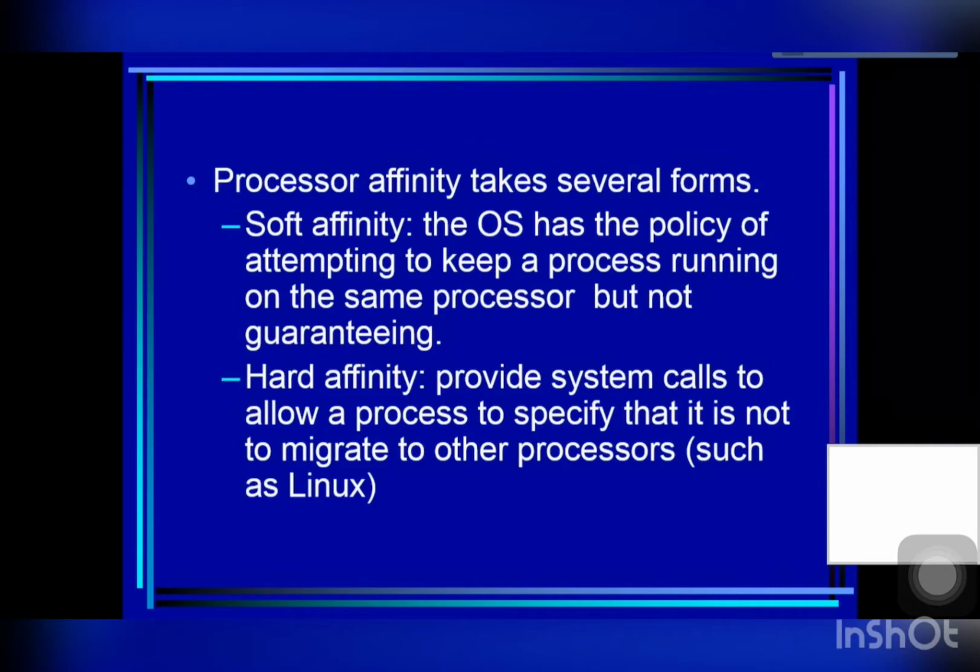Here, the operating system will attempt to keep a process on a single processor, but it is possible for a process to migrate between processors. In contrast, some systems provide system calls that support hard affinity, allowing a process to specify a subset of processors on which it may run. Many systems provide both soft and hard affinity.